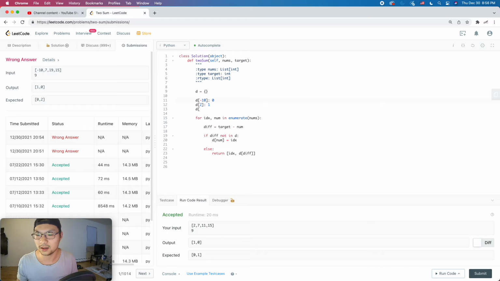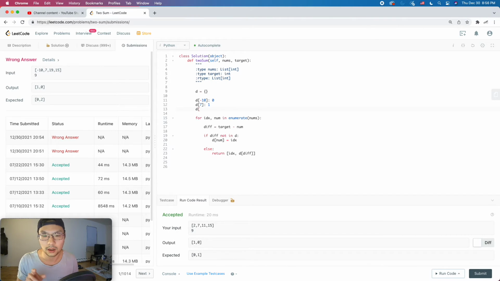But that doesn't matter because we're putting in the number anyway. 19 is not in the dictionary, so we're going to store the number. So d negative 10 equals index. Next one, 9 minus 7 is 2. 2 is not in there, so we're going to say 7 equals 1.